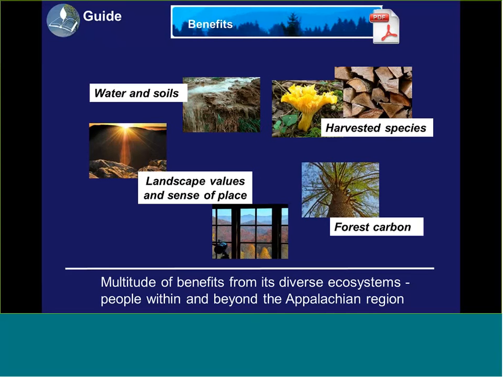Within each of these, if you go to these categories on the portal, you can access information about multiple data layers that fit within these groups. The categories are pretty self-explanatory, and there's also a PDF icon up here. You can actually download a PDF of the benefits, so it'll be a summary document of the benefits within the area.